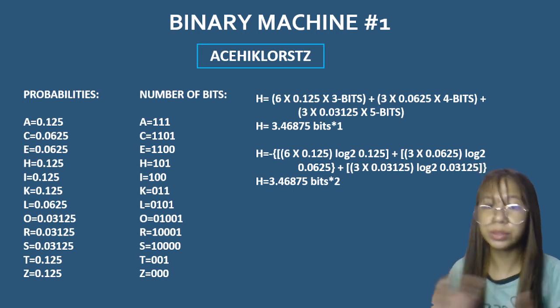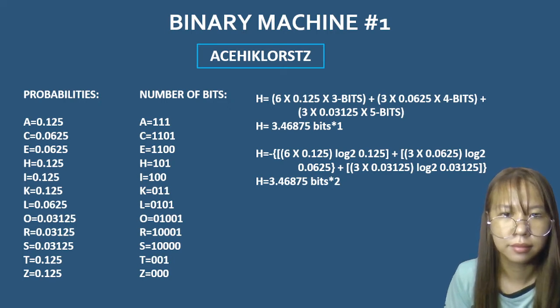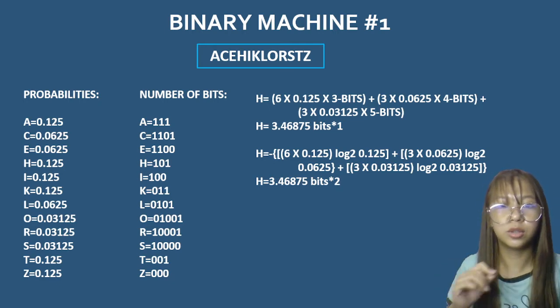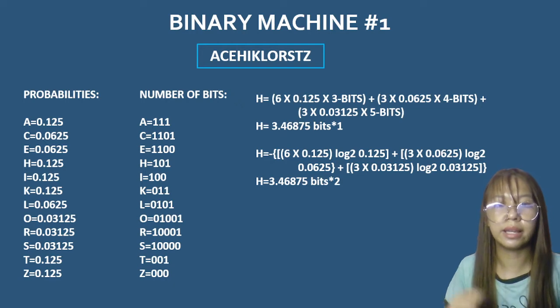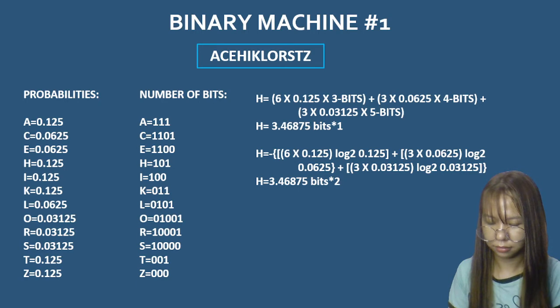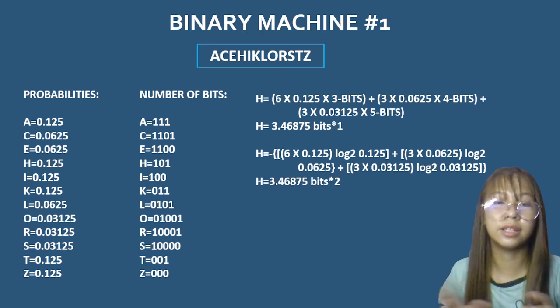So how did we get that? I use 2 raised to negative n, wherein n is the number of bits.